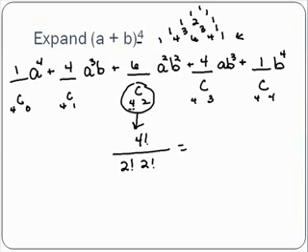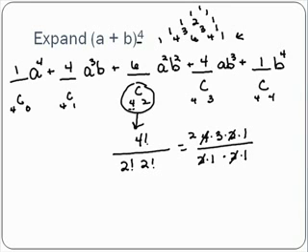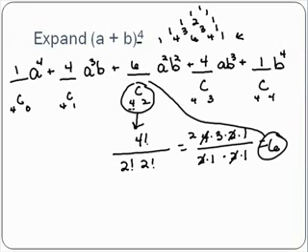All right, when we simplify that, 4 factorial, 4 times 3 times 2 times 1, over 2 factorial twice. So I'm going to reduce by a 2, reduce this 2 into the 4. 2 times 3 is 6. That is another way to come up with that coefficient. Okay?